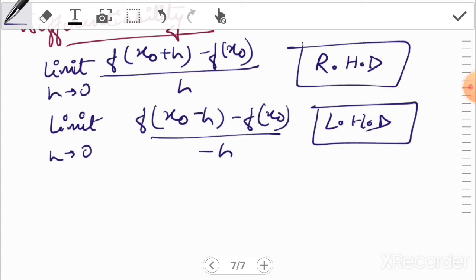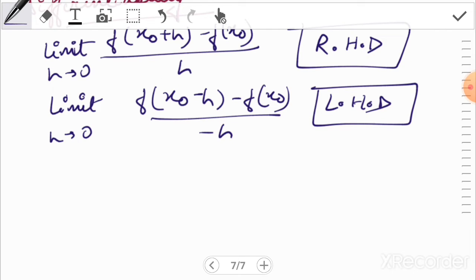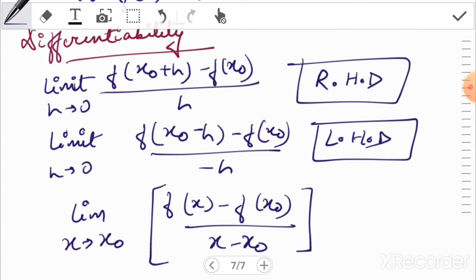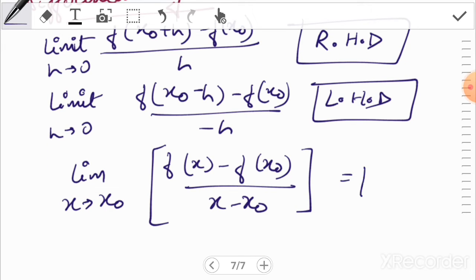So if these two exist and are equal to f dash x naught, that is the limit as x tends to x naught of f(x) minus f(x naught) by x minus x naught, if these three are equal, then we say that f(x) is differentiable at x is equal to x naught.